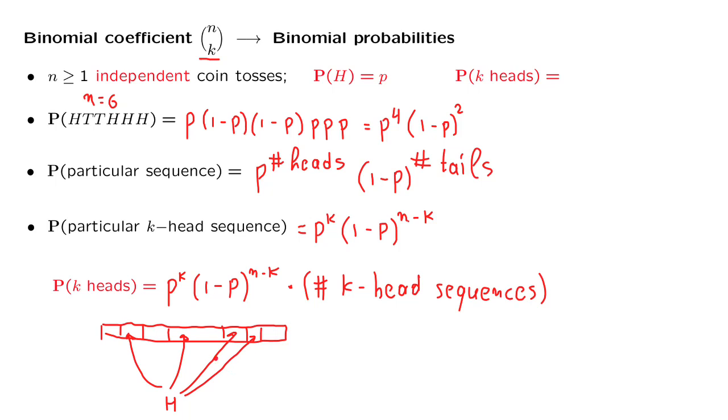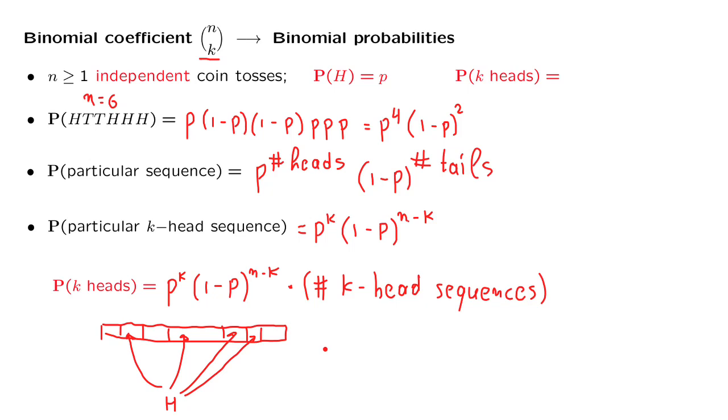You need to tell me k of those slots. So, in other words, what you're doing is you're specifying a subset of the set of these n slots, a subset that has k elements. You need to choose k of the slots out of the n and tell me that those k slots have heads. That's the way of specifying a particular k-head sequence.